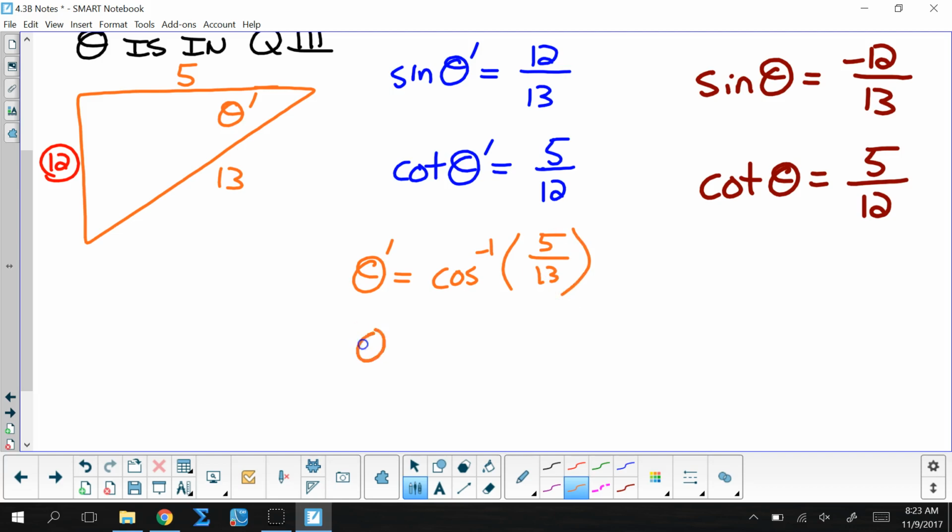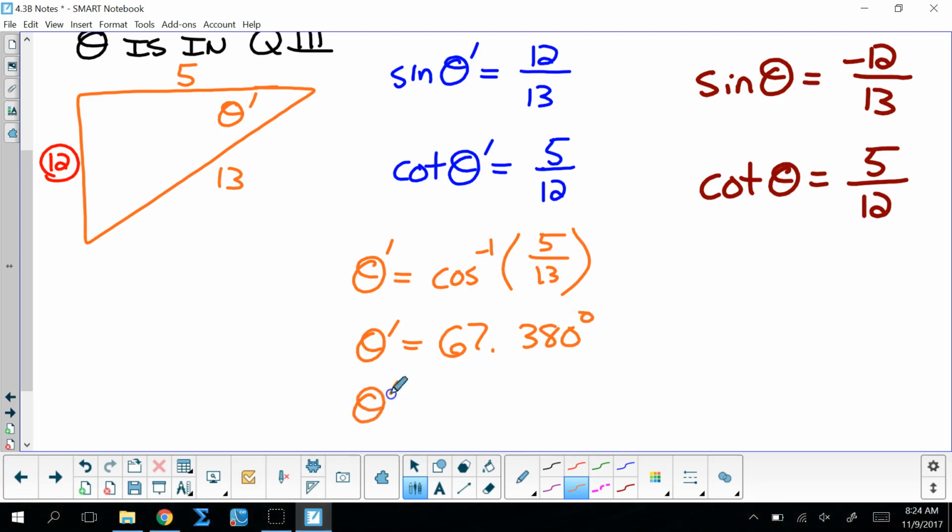So that's going to give me a reference angle of 67.380 degrees, or 1.176 radians. Right?